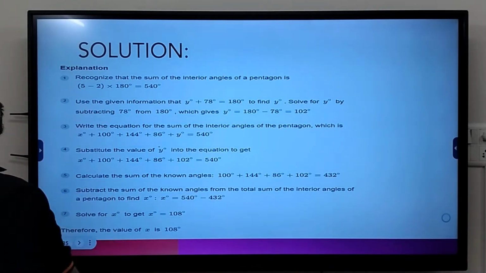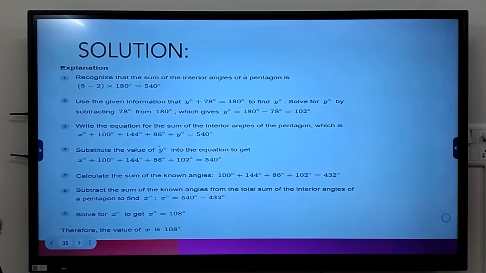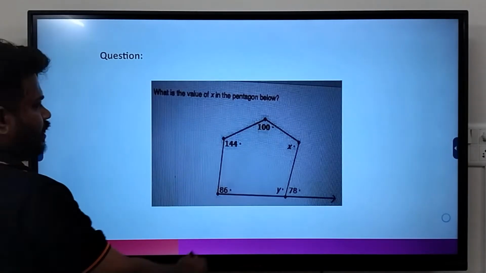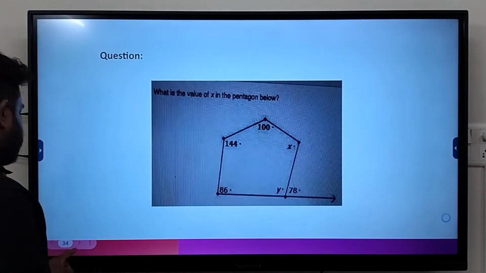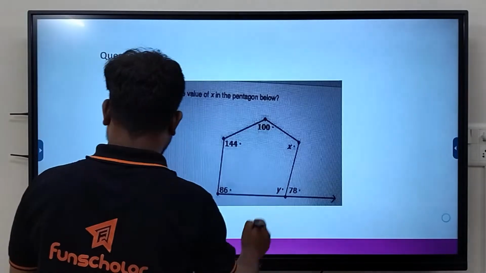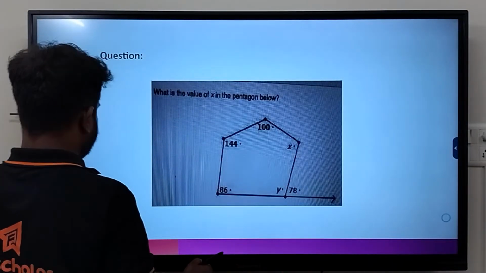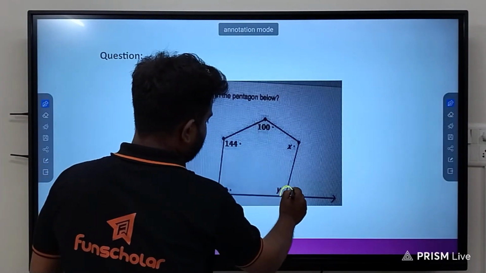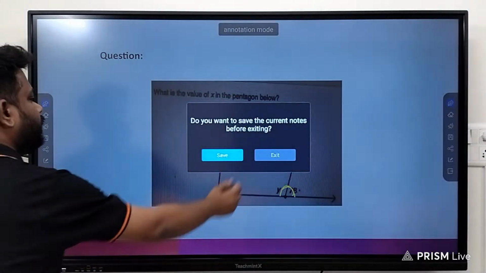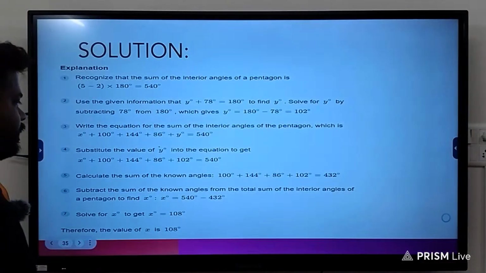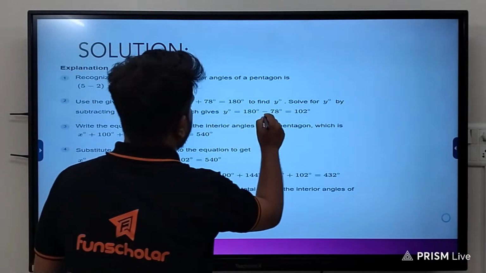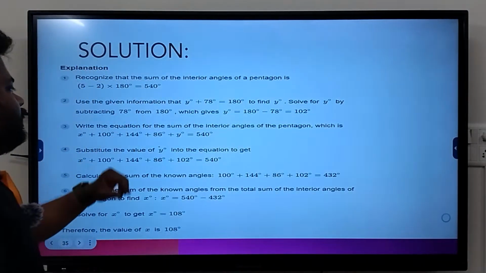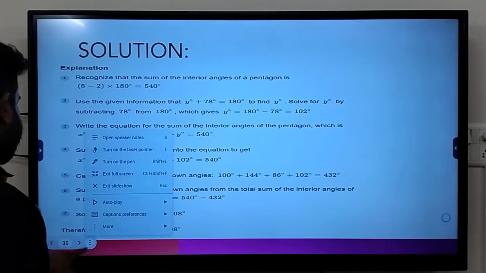Now use the given information that y plus 78 will be 180, because they are making a straight angle, so it will be 180. From that point we can simply find the value of y.